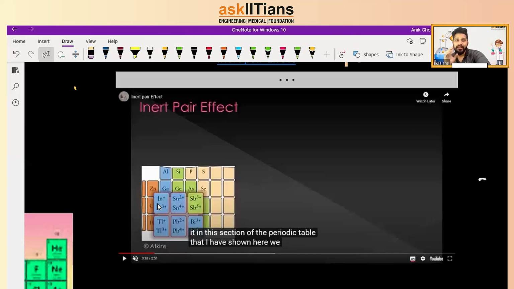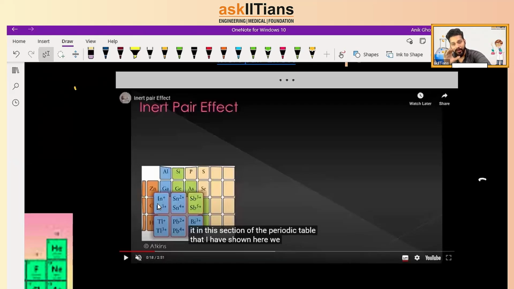Guys, see, it's just like an after effect. Mainly the inert pair effect is shown by these last elements, but the second last element can also show a bit of it, right? It's not as powerful as in the last element, but the second last elements like indium, tin, and antimony can show a little bit of it as well, right?